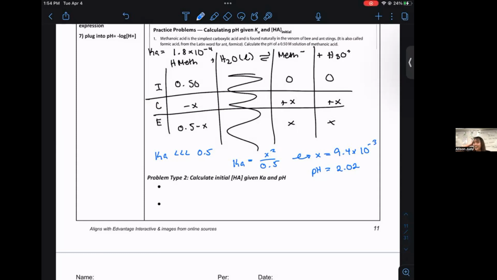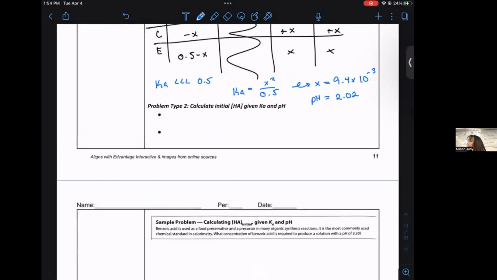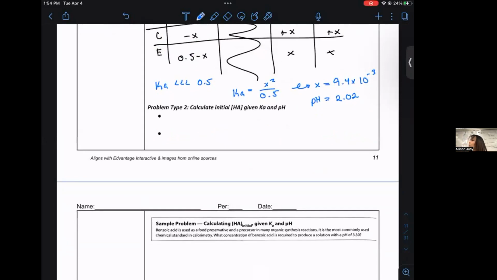So problem type 2. Should be familiar with your equilibrium problem types. Now you're trying to find HA given Ka and pH. And by the way, the pH will be the pH based off of the equilibrium amount of acid.